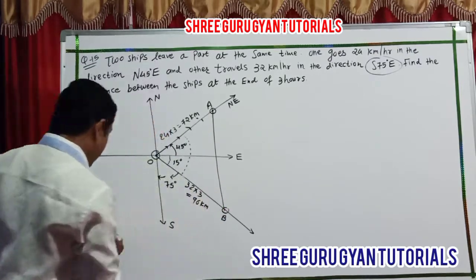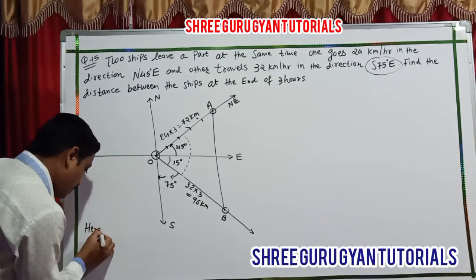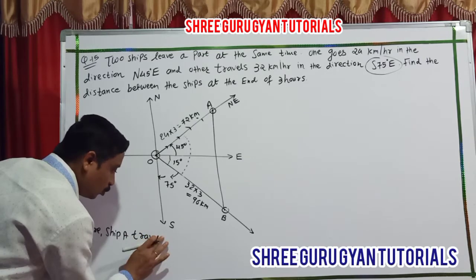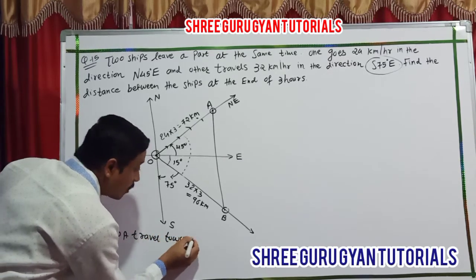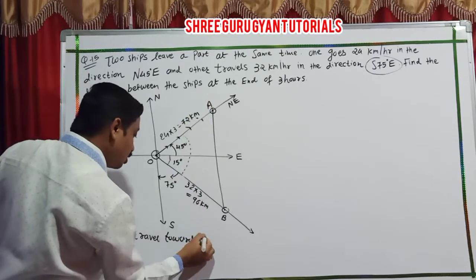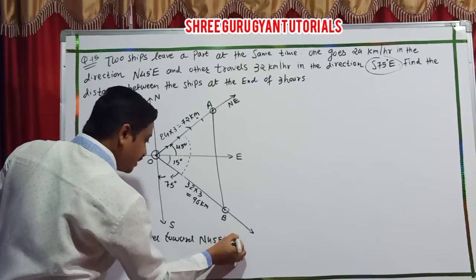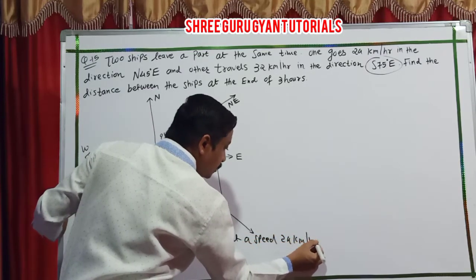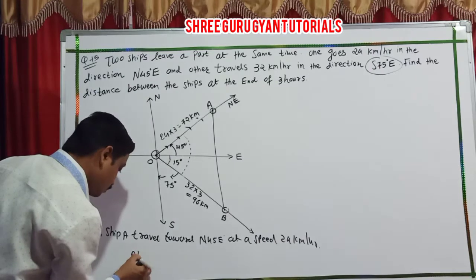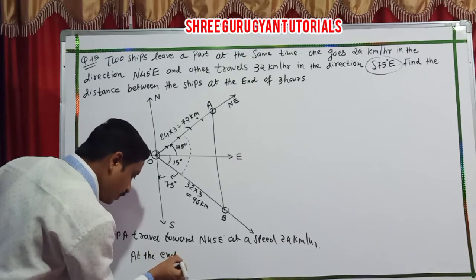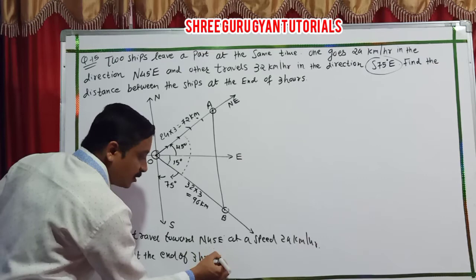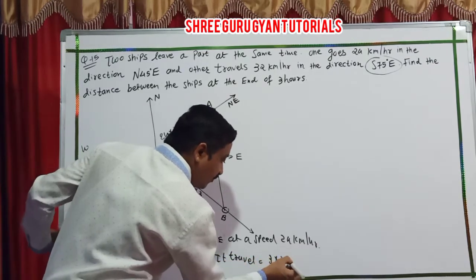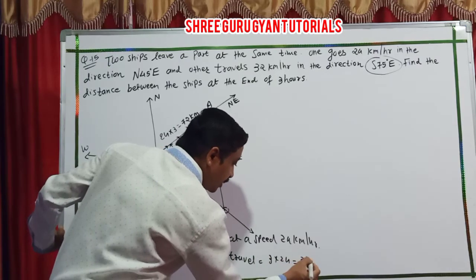Here ship A travels towards north 45 to east at a speed of 24 km per hour. So at the end of 3 hours, how much distance does it travel? 3 into 24, it is 72 km.